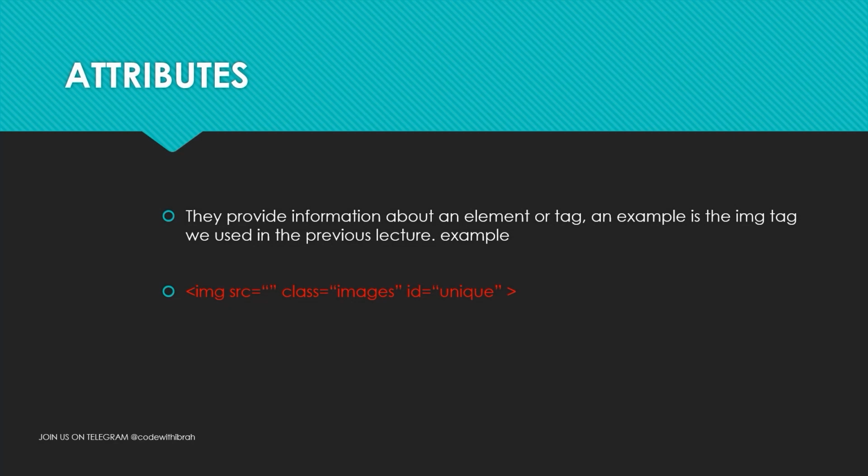What it does is, you can have 20 images, but all of them have different class names. For instance, the first one is called my image, then the second one is called your image. All of them have the same tag. They are image tags, but the first one is my image and the second one is your image.